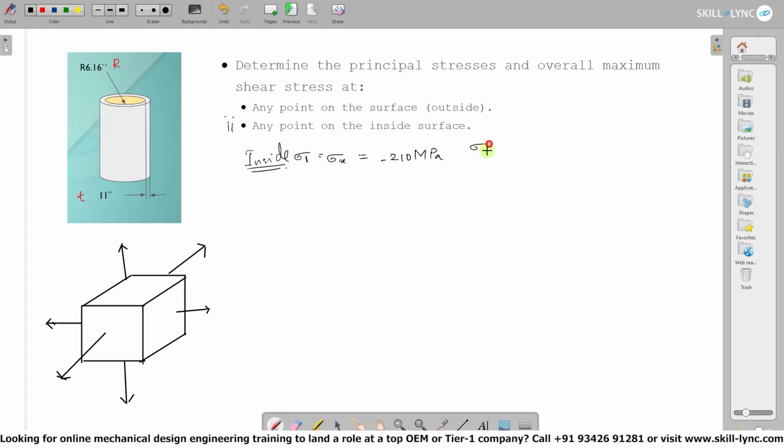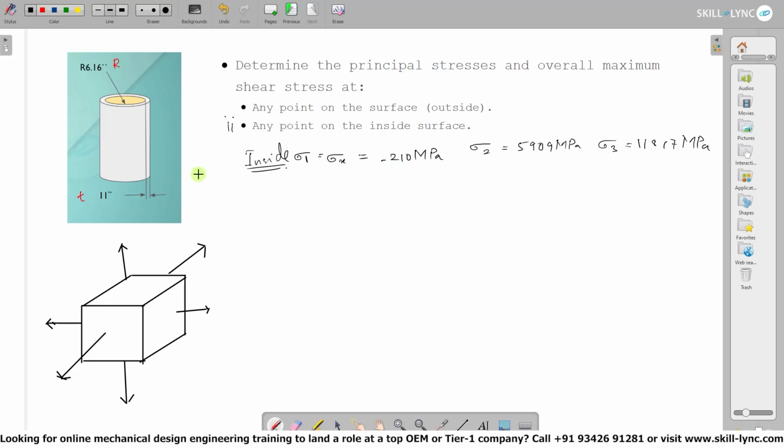Again, sigma 2 is going to be 5909 and sigma 3 is going to be 11,817 MPa. We got these because we have already solved for this in the previous point. The only new stress which we have got here is sigma 1, which is minus 210 MPa.